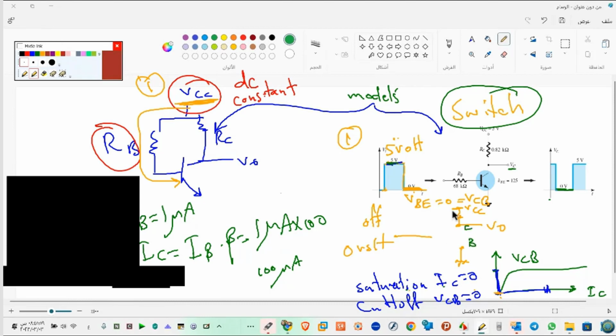So what about, I will connect this here and make this a short circuit. VCB here equals 0. Okay, in VCB equals 0, just a minute.